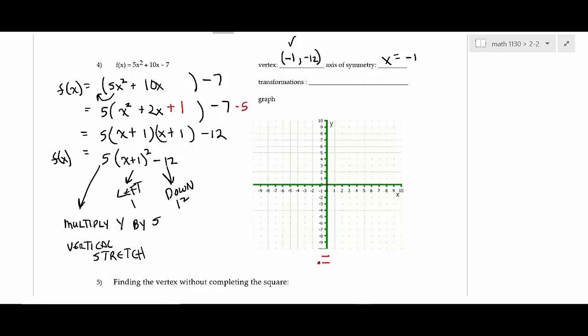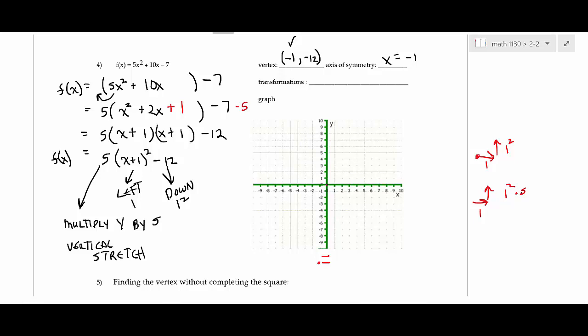So here's what you do. Watch this real carefully. What I kind of taught you to do before was from the vertex go over 1, up 1 squared. We're not going to do that on this problem. You're going to go over 1, and then you're going to go up 1 squared times 5. That's all that thing does, it stretches it. So instead of going up 1, you're going to go up 5. Does that make sense?